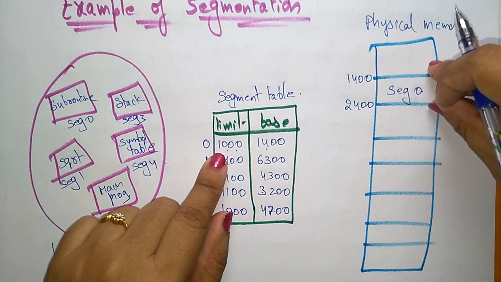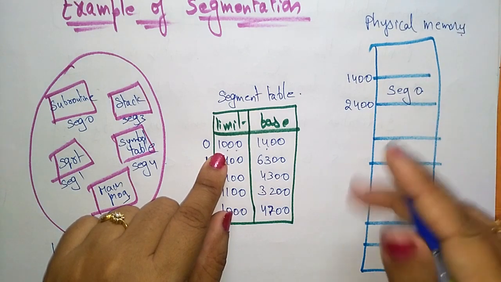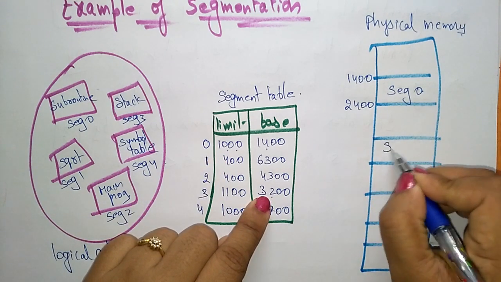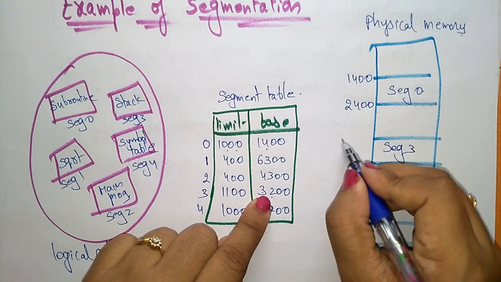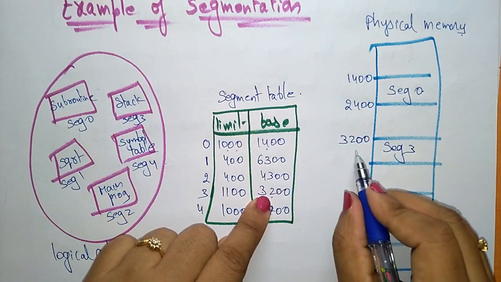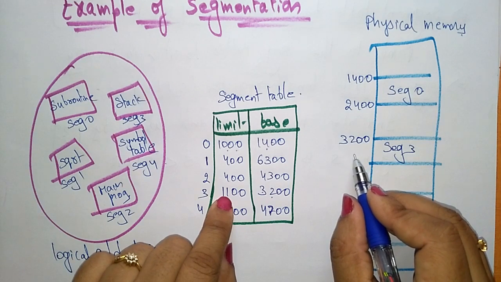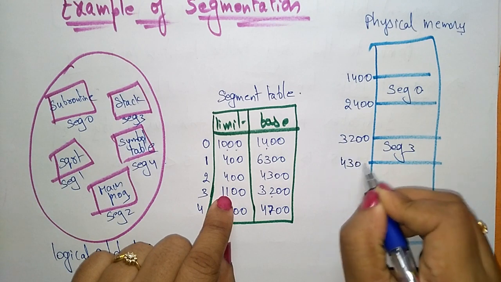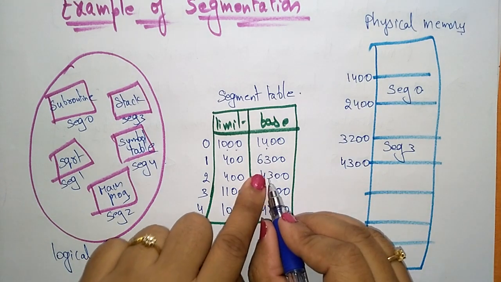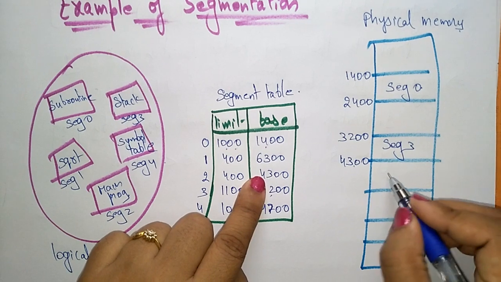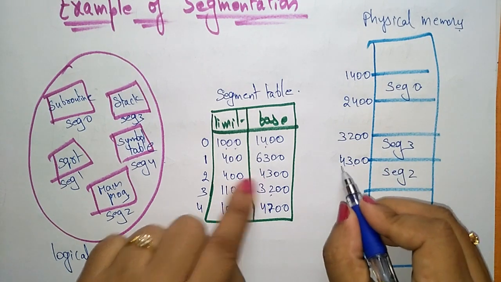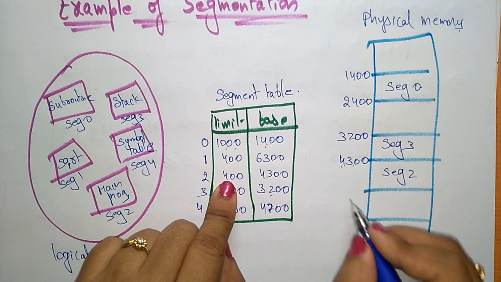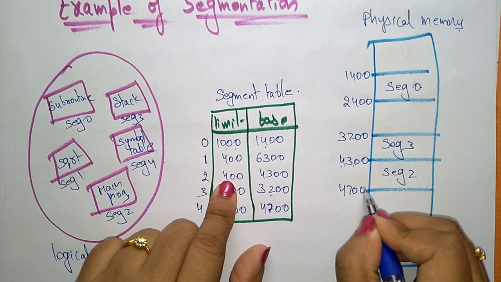Now coming to the next one, starting at 3200, that is segment 3. The starting address is 3200 and the limit, the length, is 1100. Adding 1100 gives 4300. So the next base address is 4300. Here segment 2 has to be stored and its size is 400. Adding 400 to 4300 gives 4700.